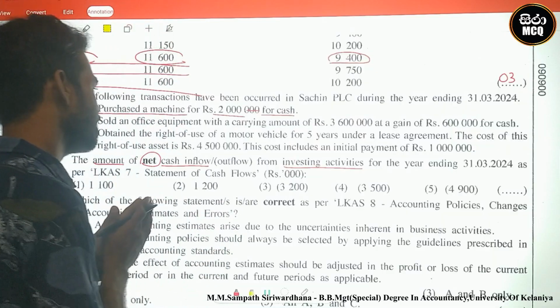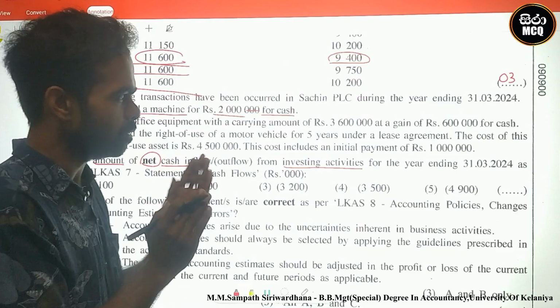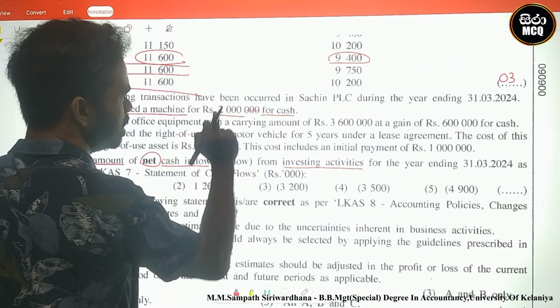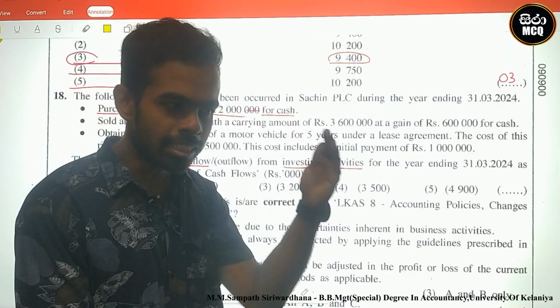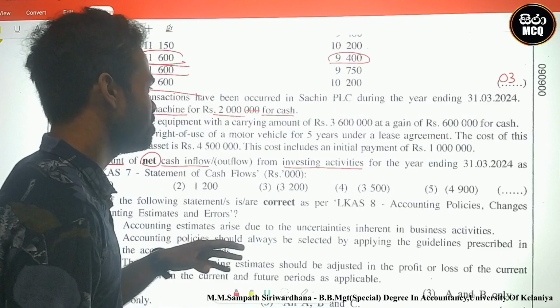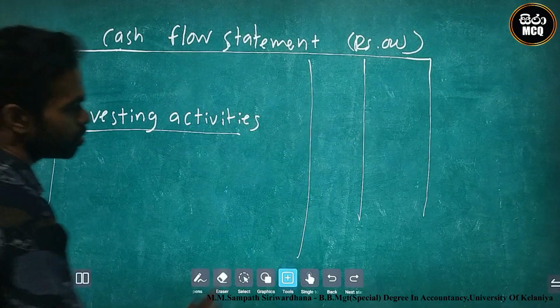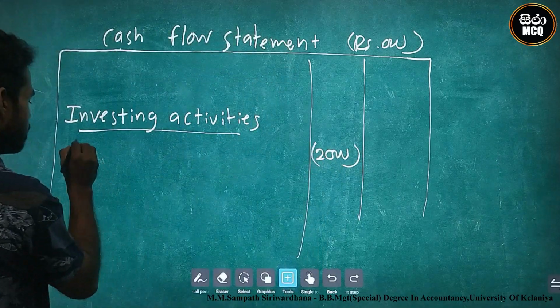This is a cash payment: cash credit, machine debit. Therefore we can identify a cash outflow of 2000 for machine purchasing.